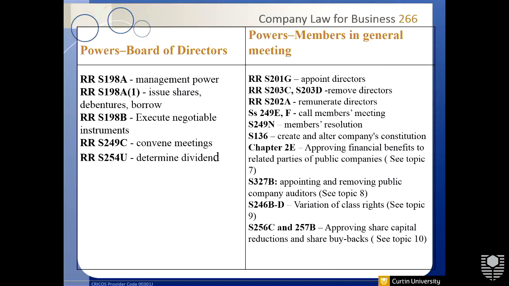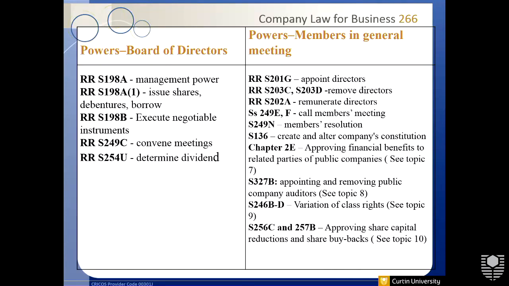Now, this is some of the division of powers. If we look at the powers of the board of directors, generally under the replaceable rule, section 198A, the powers are vested with the board of directors to manage the company. Now, if the company has its own constitution which states the powers given to the board of directors, then the board of directors would follow that.